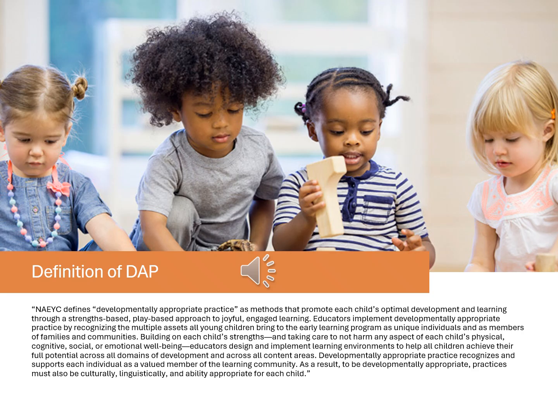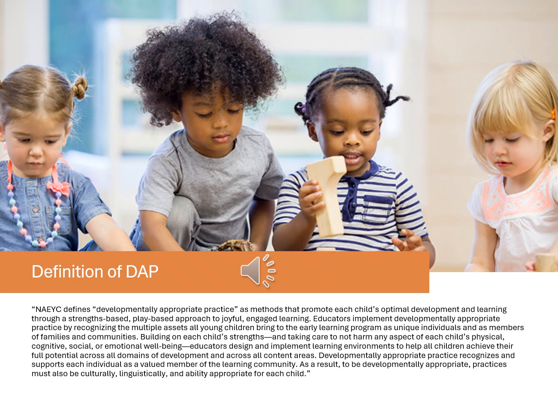So to do this, educators implement developmentally appropriate practice by recognizing the multiple assets or strengths of young children and look at them as unique individuals and members of families and communities. So it's really important to remember the child themselves, but also the family and community that they exist in, because humans don't exist in vacuums.